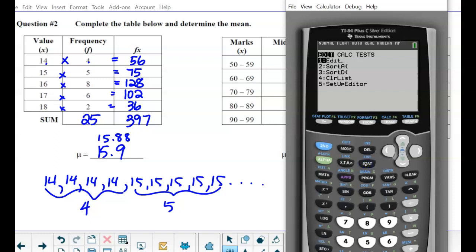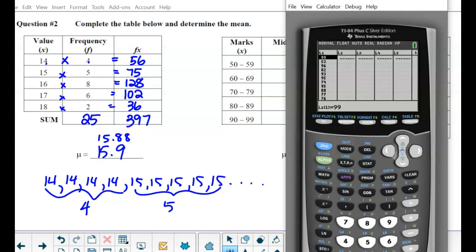So again, stat, edit, now go up to L1 and press clear. Not delete. Enter, and that goes away. So I put my data values in first: 14, 15, 16, 17, 18. Okay, then cursor to the right.